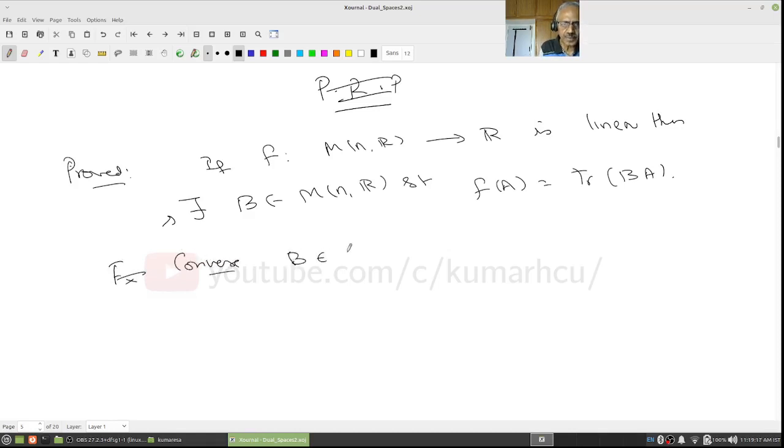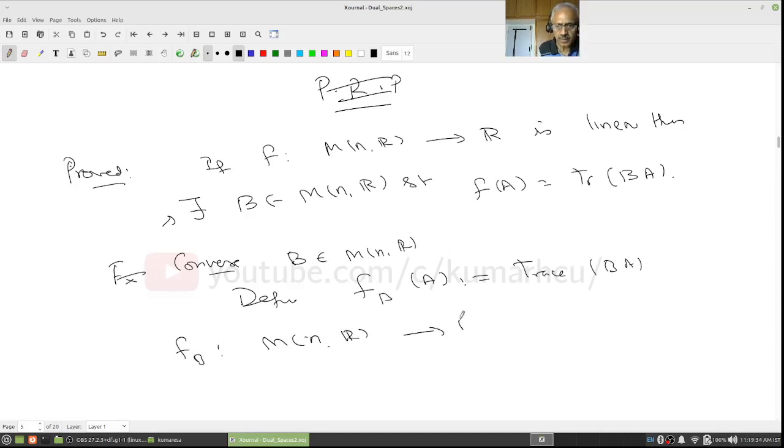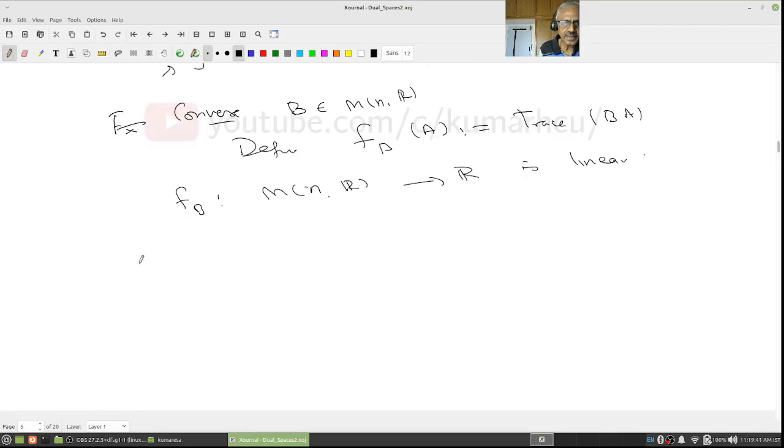Let B be in M_n(R). Define f_B of A by definition as trace of BA. Then f_B from M_n(R) to R is linear. Okay, why?